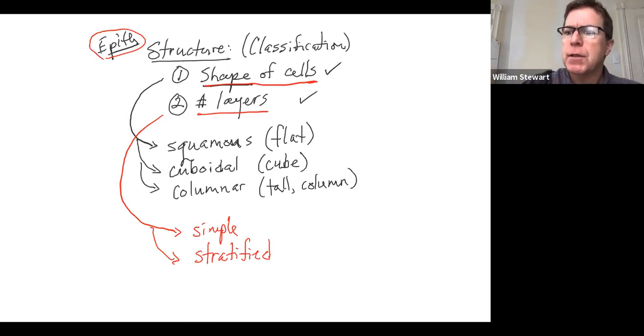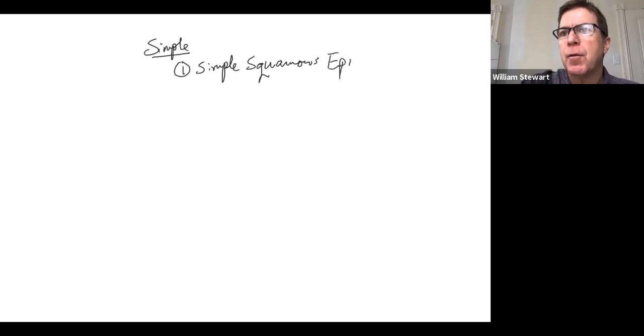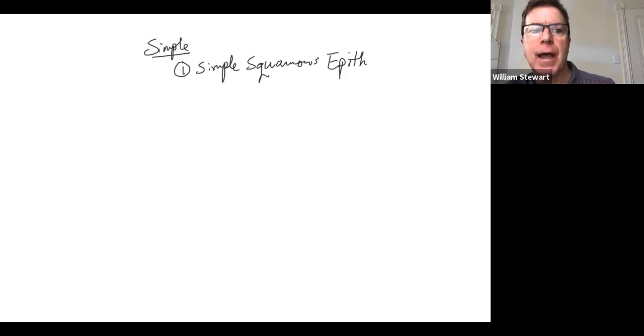So first thing I'm going to do is a group of simple epithelial tissues, okay? So I'm going to write the word simple. I'm just going to list these. The first one, simple squamous epithelial. My writing is so poor on this board because I'm writing with a plastic pen on a glass surface. It's very difficult.